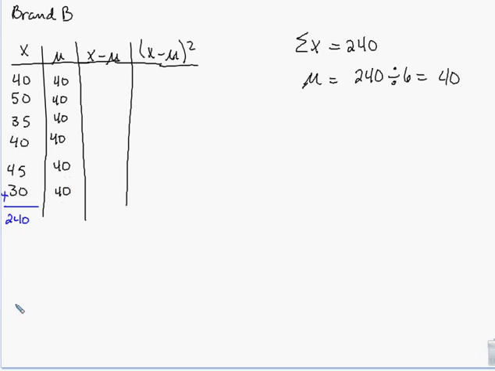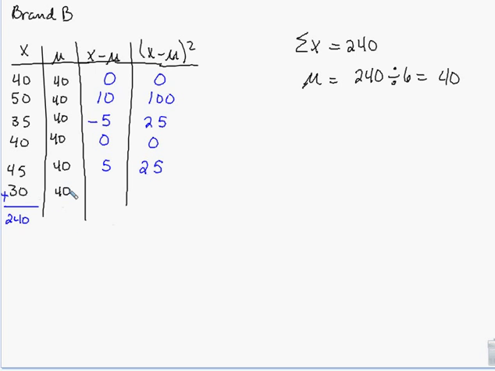Okay, so far okay? Now 40 minus 40 is 0. 0 squared is 0. 50 minus 40 is 10. 10 squared is 100. 35 minus 40 is negative 5. Squared is 25. 40 minus 40 is 0. Squared is 0. 45 minus 40 is 5. Squared is 25.